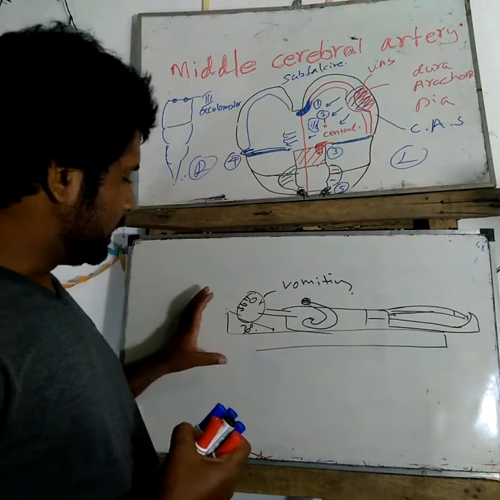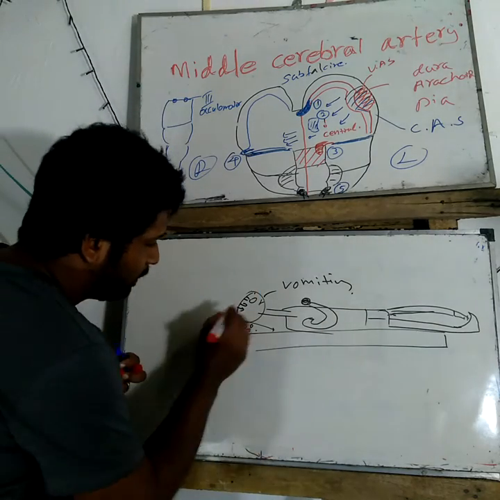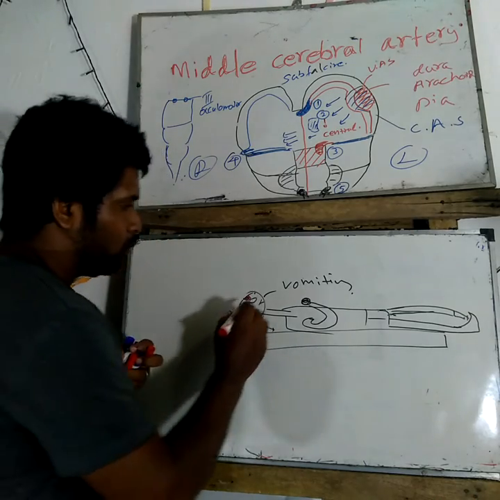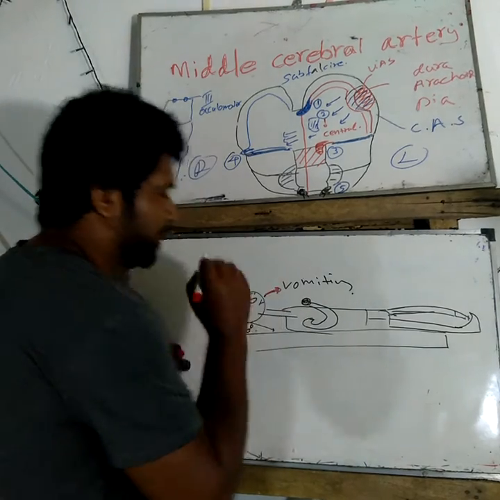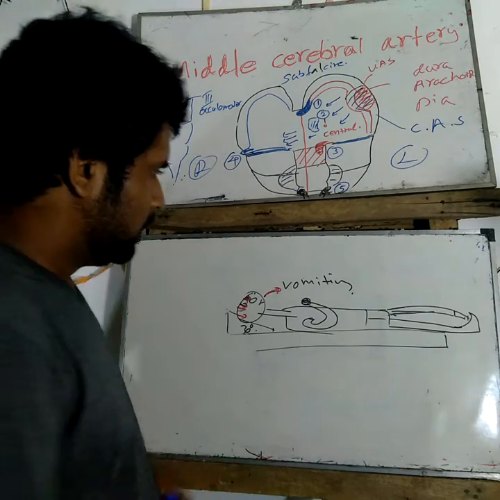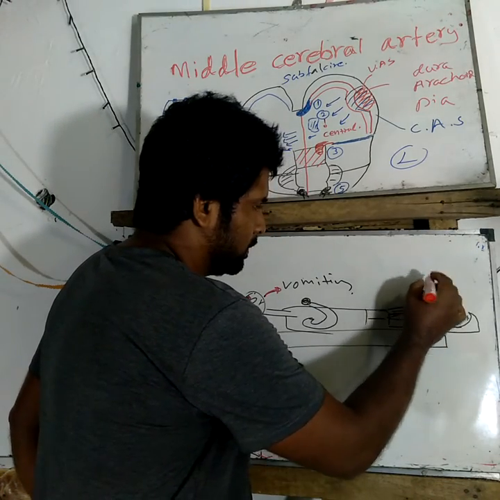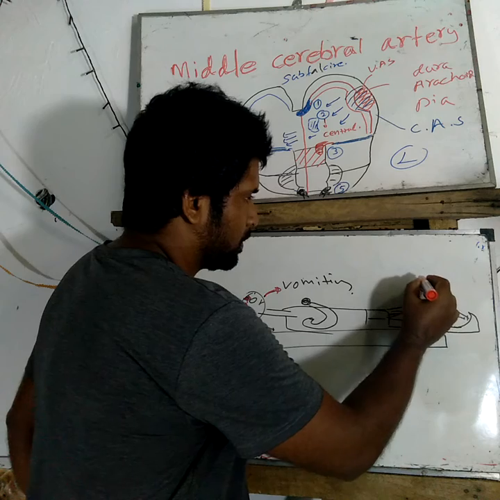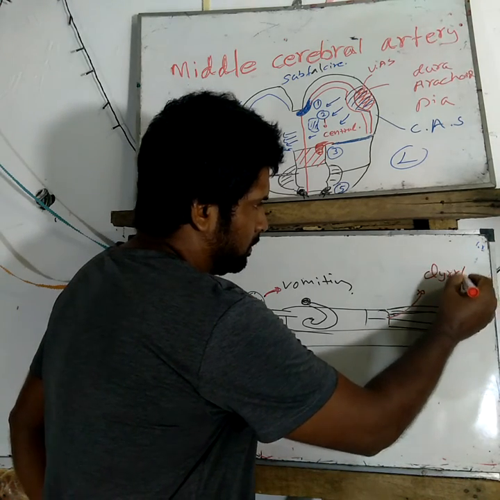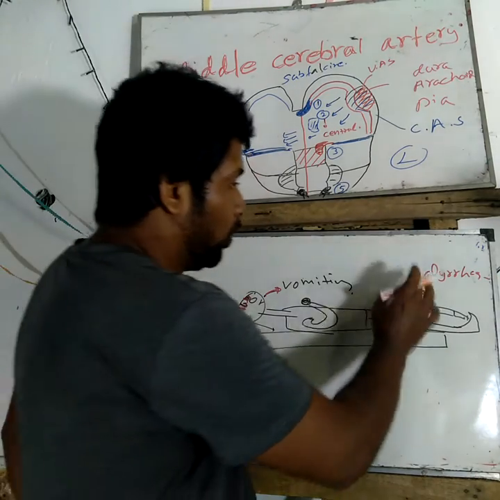When the intracranial pressure is high in the brain, another sign is vomiting. The vomiting is of this patient. Then another thing, diarrhea or constipation.